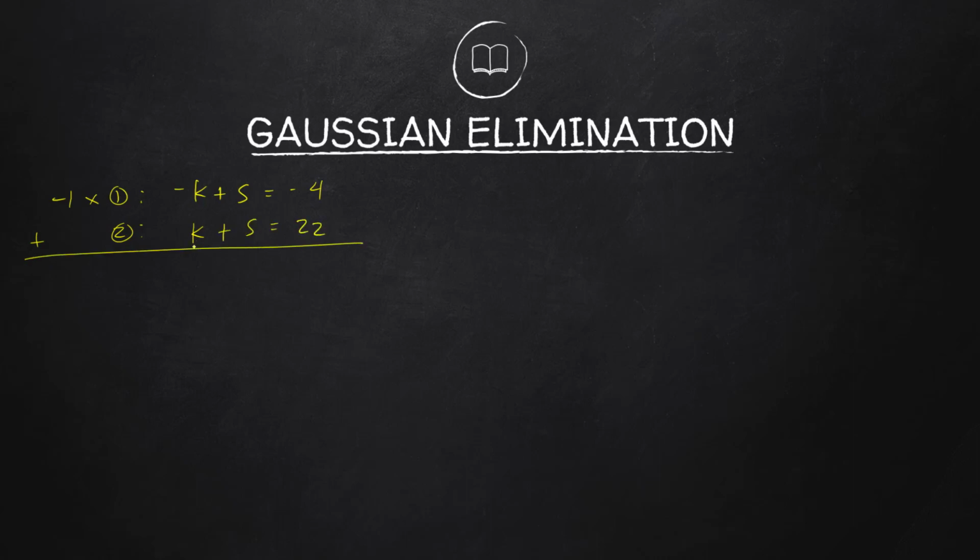If you add these two equations, you will have 0 plus 2S equal to positive 18. To get rid of the coefficient of S, let's multiply the whole equation by 1/2, and we have our value for S, or the age of Sean, and Sean is 9 years old.